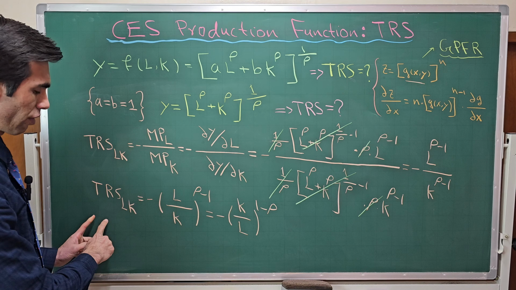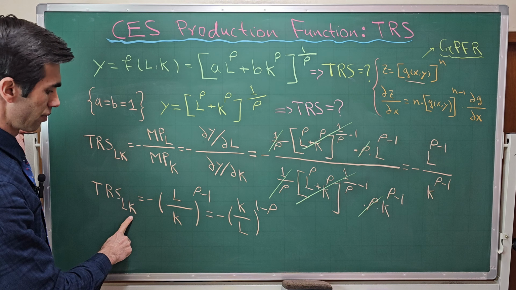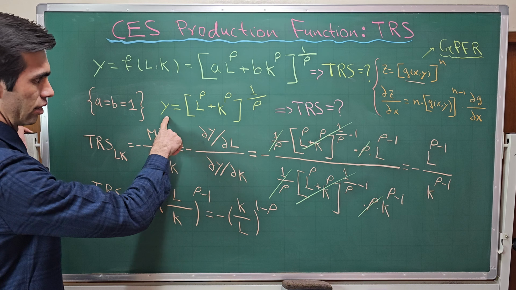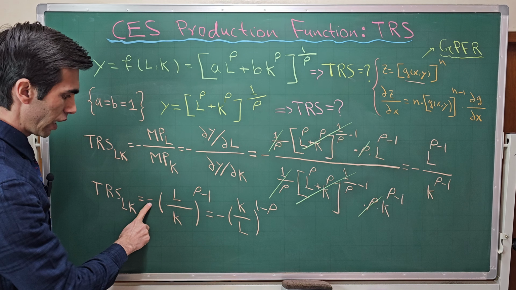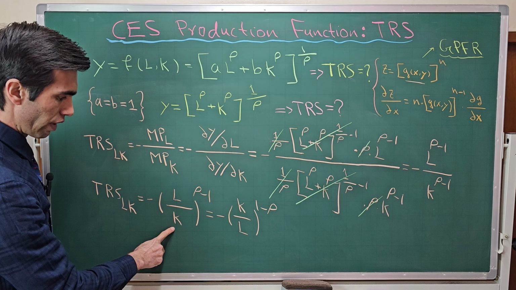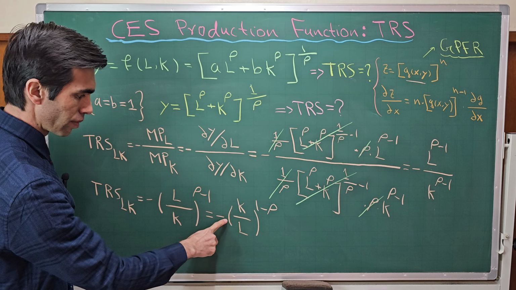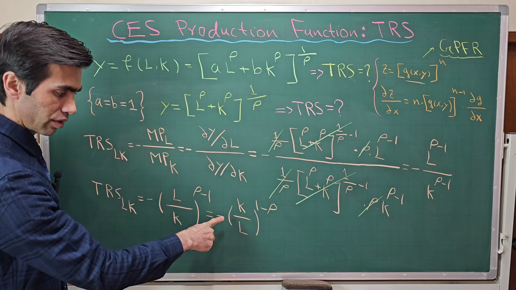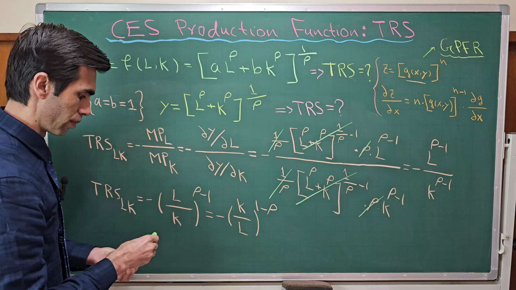So this is the final step: the technical rate of substitution of L for K in this simplified version of the CES production function is equal to minus (L/K)^(ρ−1), which is equal to minus (K/L)^(1−ρ).